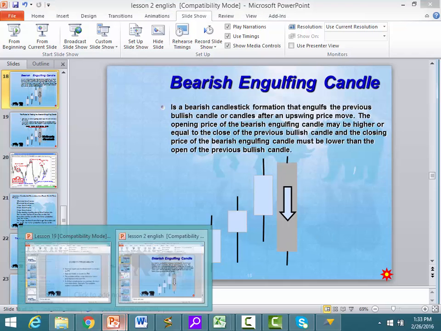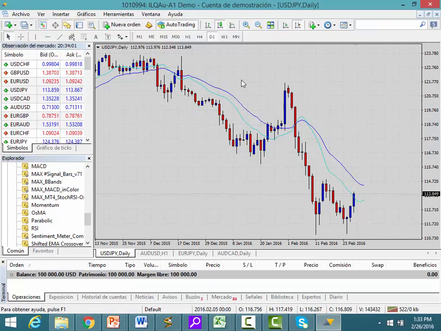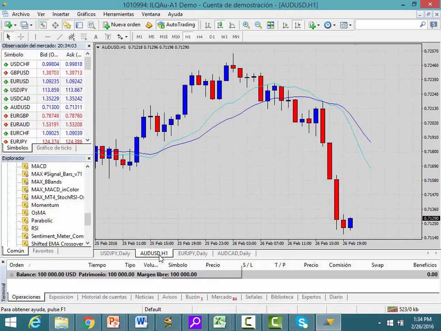Okay, so let's look in the live market, and if I see, for example, right here we have on the Australian dollar, this is a 1 hour chart, and these occur on any time frame. Now obviously if it occurs on a daily time frame, it's stronger than if it occurs on a 4 hour or a 1 hour.